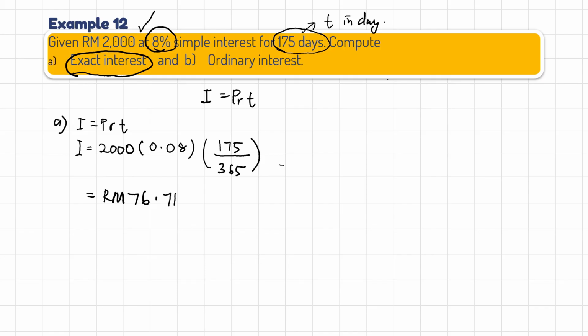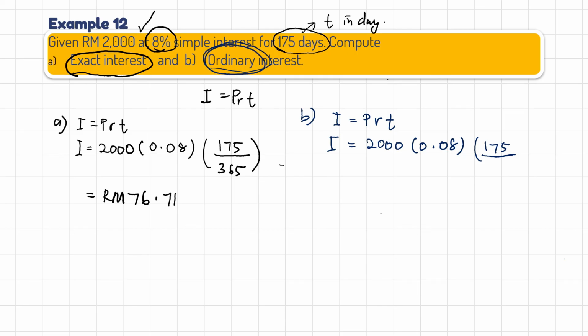Let's look at ordinary interest. Part B. Again, we are going to use I equals PRT. I is the one that we need to find. P is 2,000. R is 0.08. And T, we have 175 days. But for part B, we need to find ordinary interest.